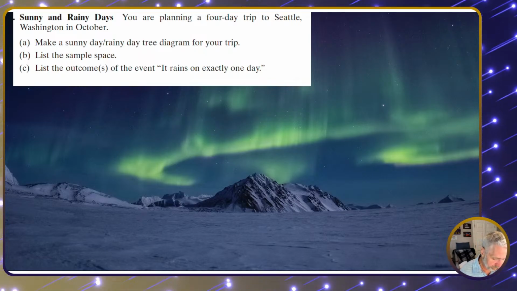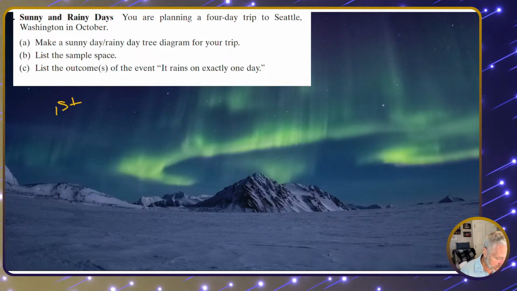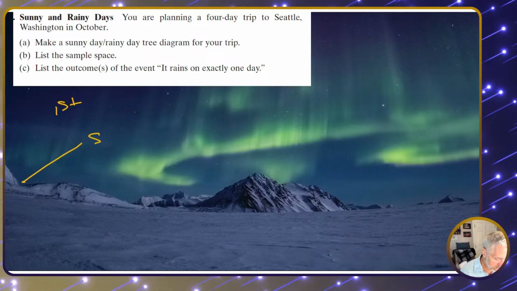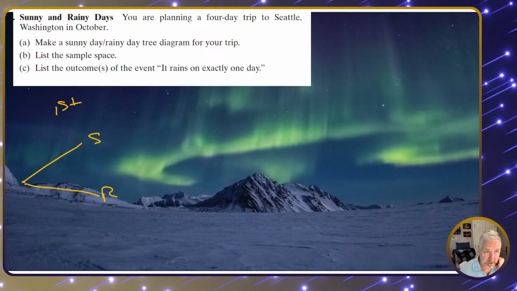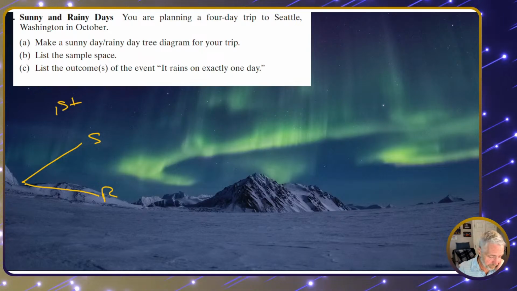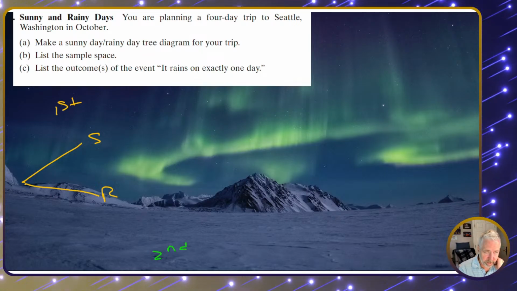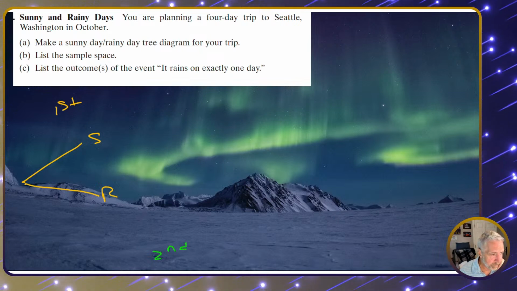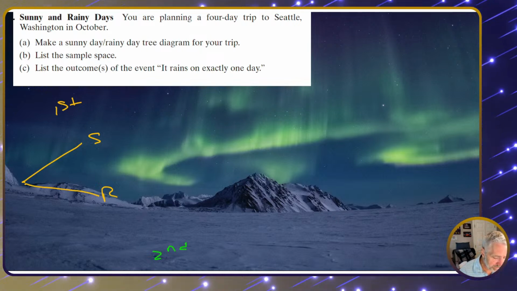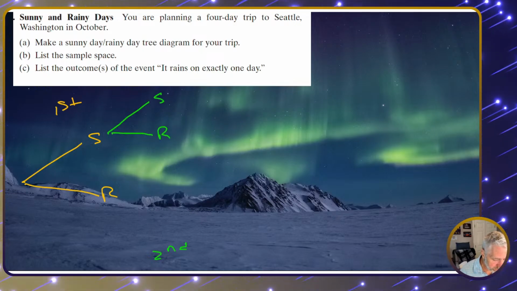Okay, no problem. The first day is going to be sunny or rainy. It can only be these two things given the way it's written. On the second day, and I'll just write that at the bottom because I don't know if I've got room at the top, if you have a sunny day the first day, the second day is also going to be sunny or rainy.